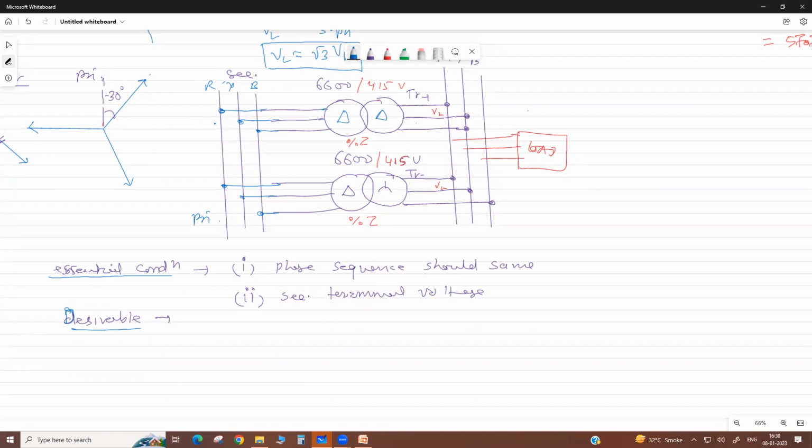If they connect to the same source, then their turn ratio should be the same. This is also a condition.